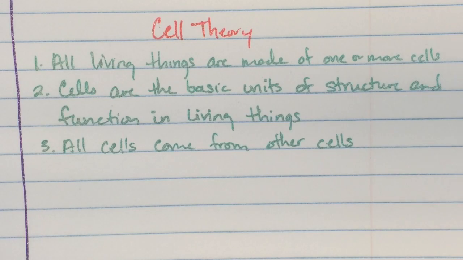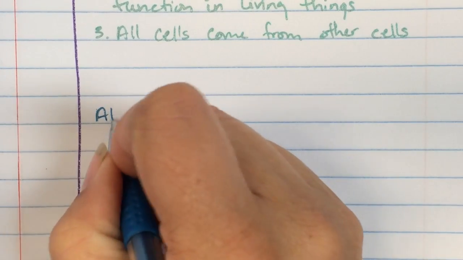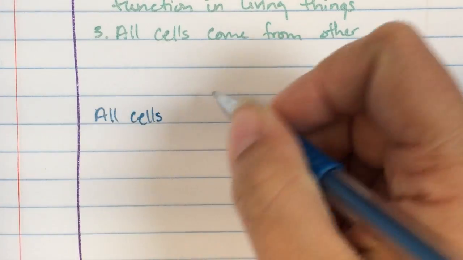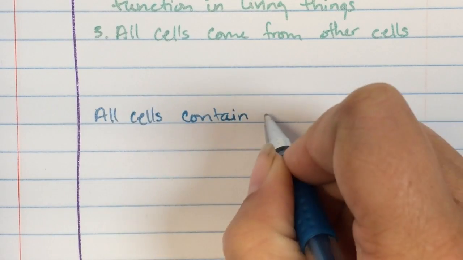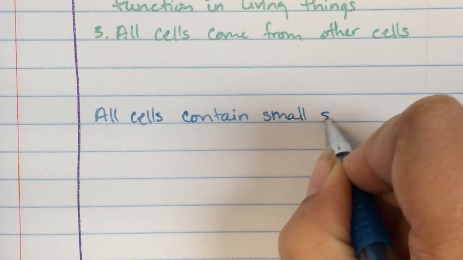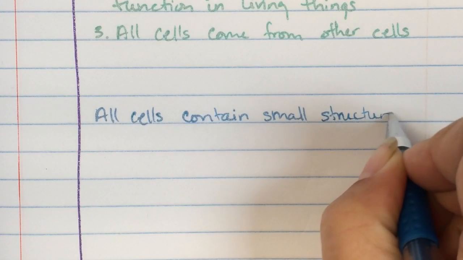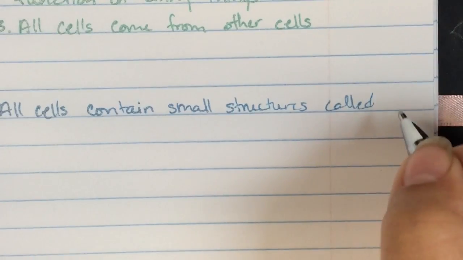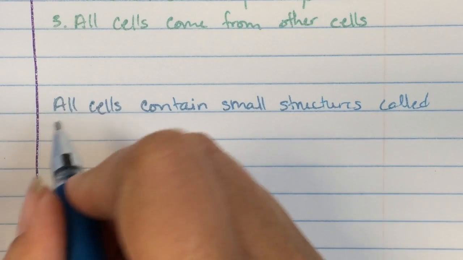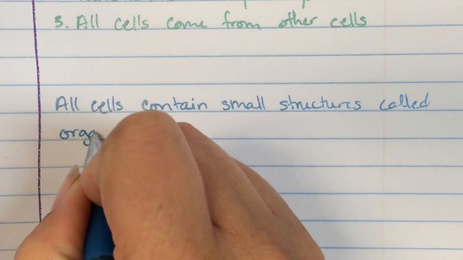So in our next part, we're going to be studying organelles. And so all cells contain small structures called organelles.